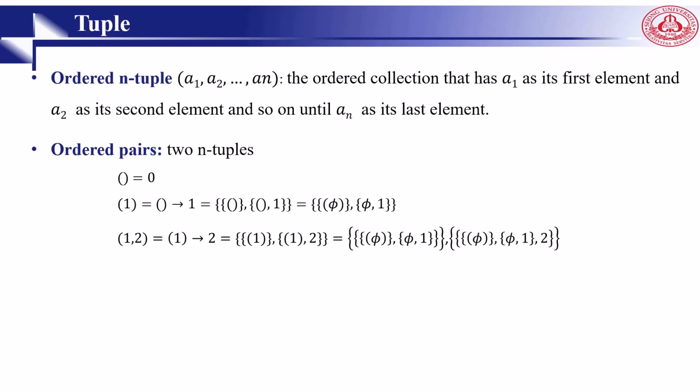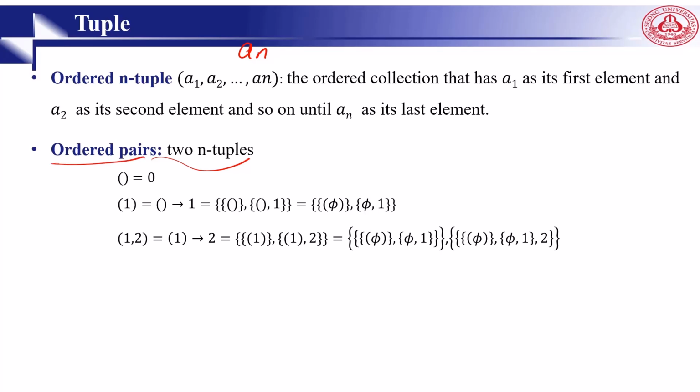The ordered n-tuple (a1, a2, ..., an) is defined as the ordered collection that has a1 as its first element and a2 as its second, and so on, up to an. When we say ordered pairs, it means 2-tuples. Two n-tuples are equal if and only if their corresponding elements are equal. So 2-tuples are called ordered pairs.